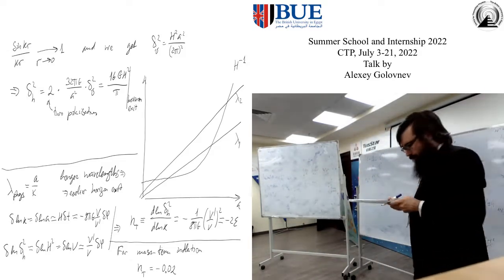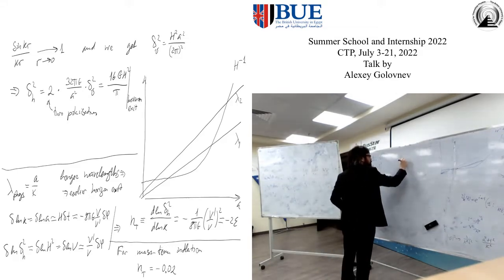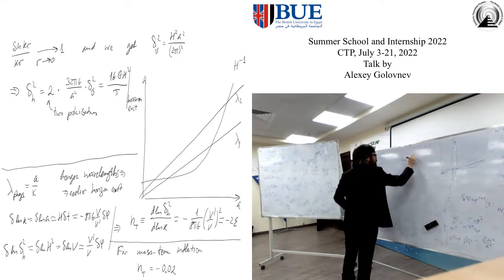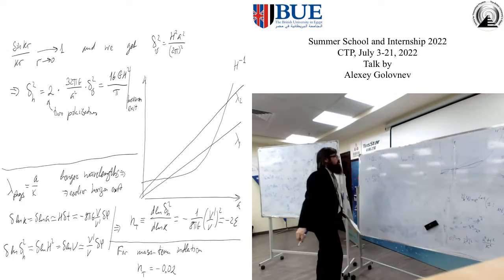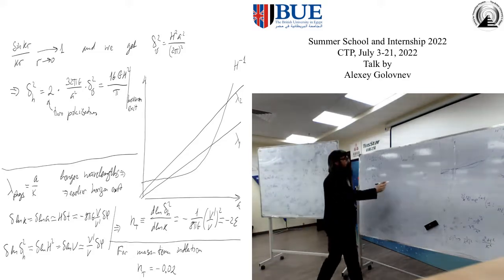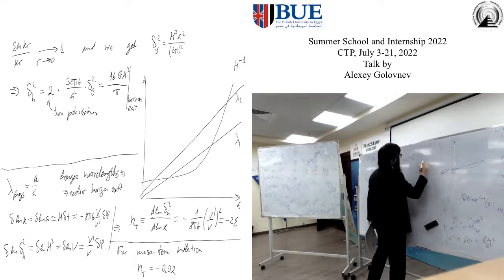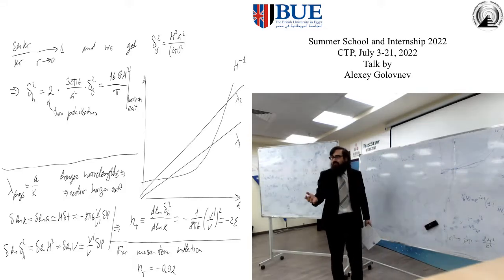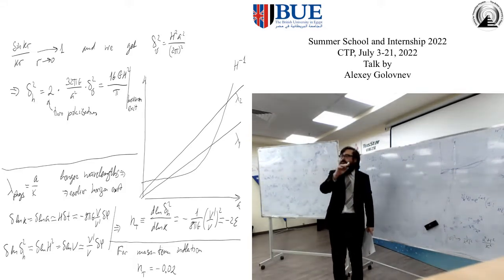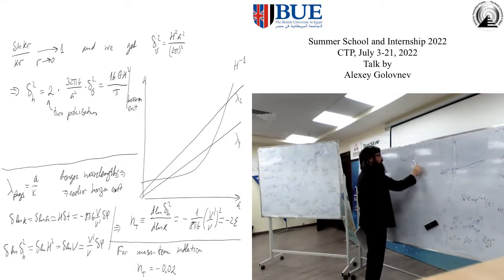Then how to calculate that? If I look at all these waves, then the physical wavelength is basically scale factor over the wave number. When they exit the horizon, they do have basically the same wavelength, because the Hubble constant does not change much during inflation.